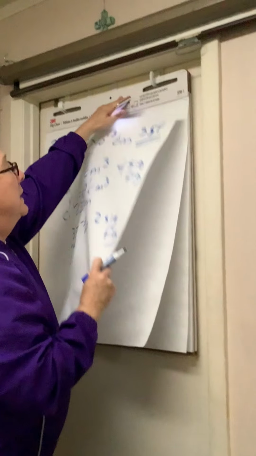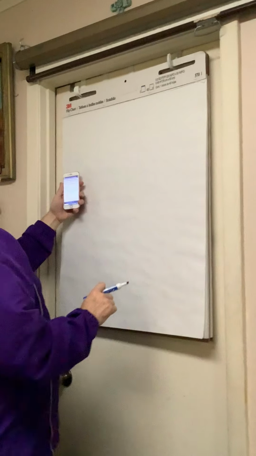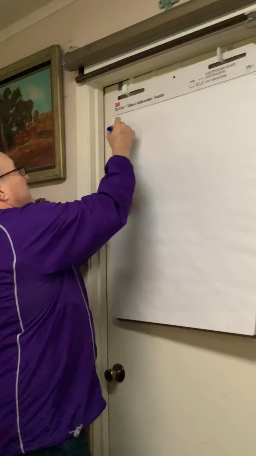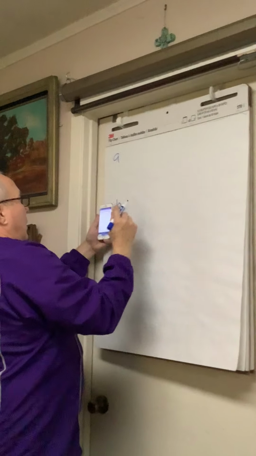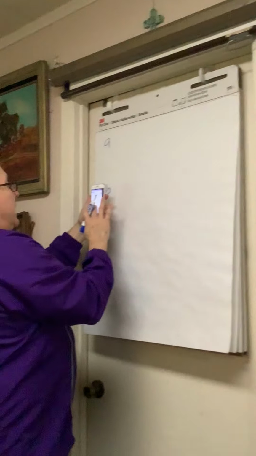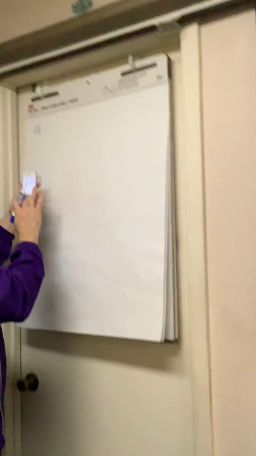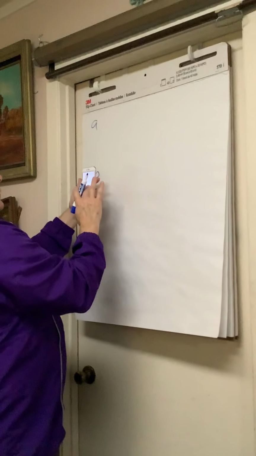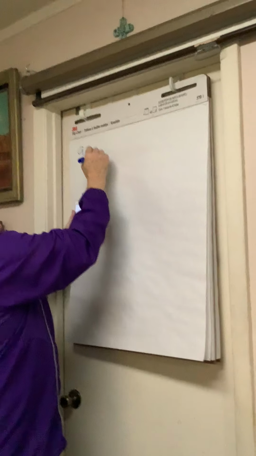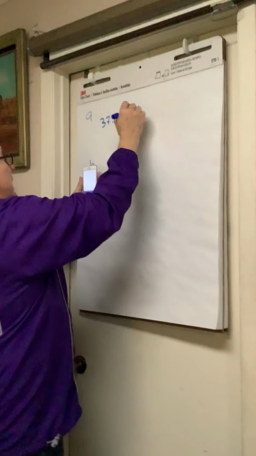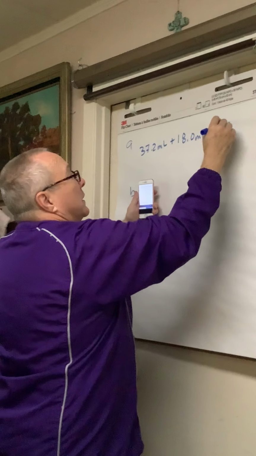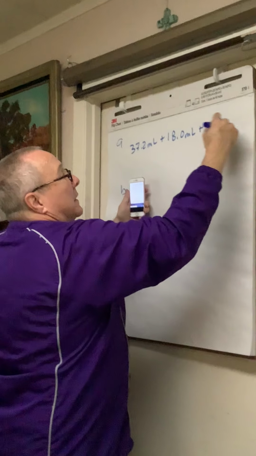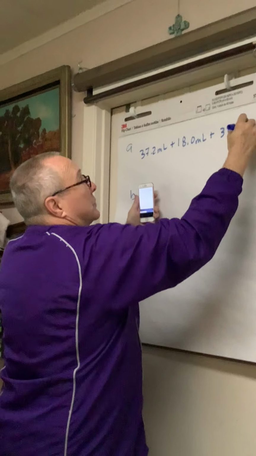Can you tell me how many sig figs? Because that tells me the degree of accuracy in a measurement. But the next one asks, perform the following operations and give the answers in standard exponential form with the correct number of significant figures. So 37.2 milliliters plus 18.0 milliliters plus 380 milliliters.